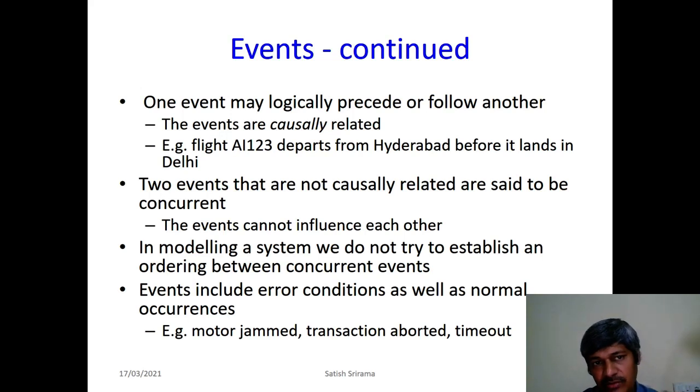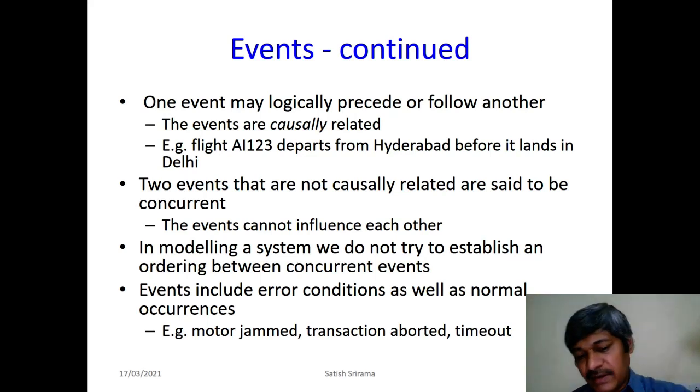Actually, events also include error conditions along with normal occurrences like the flight leaving. The error conditions, say for example, a motor jammed, a transaction aborted, or a timeout. In theory, these are all events which have actually happened. So it is only our perception that there are some error conditions. A transaction aborted, oh, it is an error.